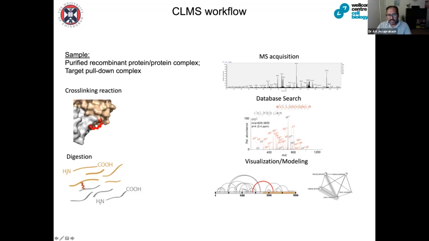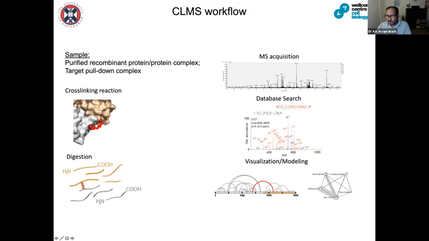The peptide mix is then analyzed using liquid chromatography combined with high-resolution mass spectrometry, otherwise known as LC-MS, to obtain high-resolution masses and fragment masses for the cross-linked peptides. The fragmentation spectra of all the peptides are then searched against a database to identify the cross-linked peptides.